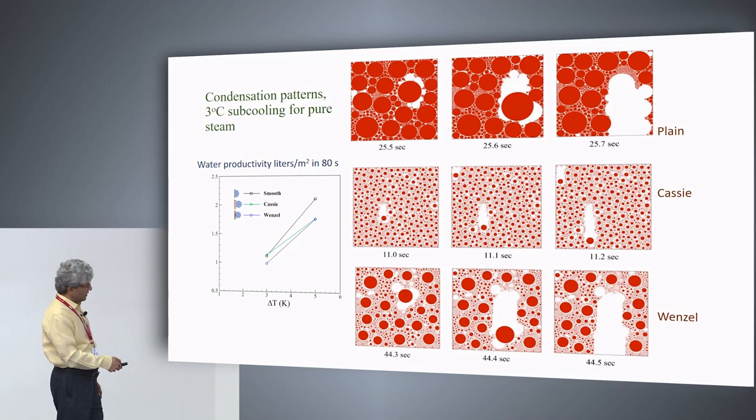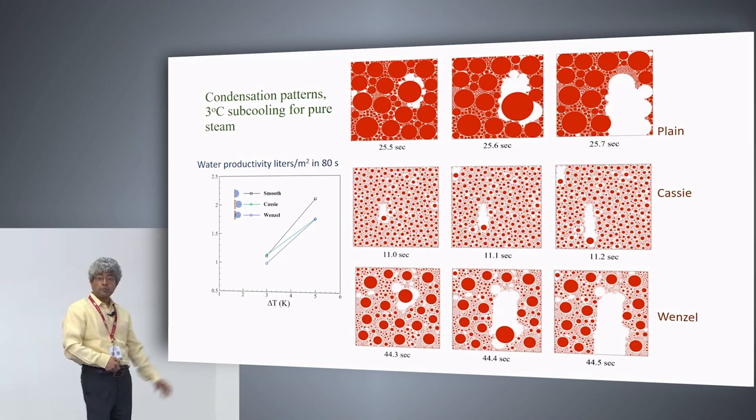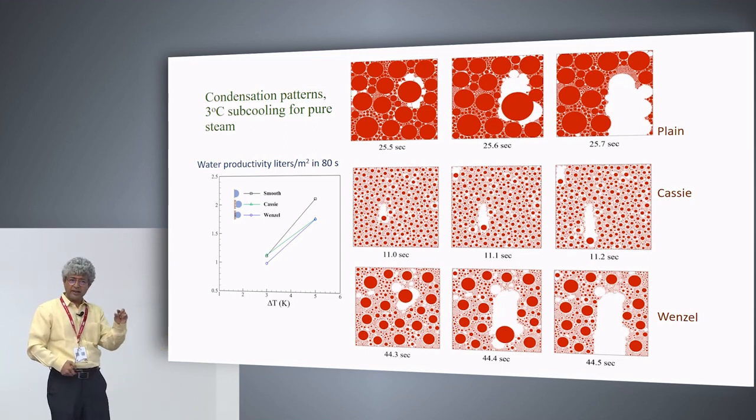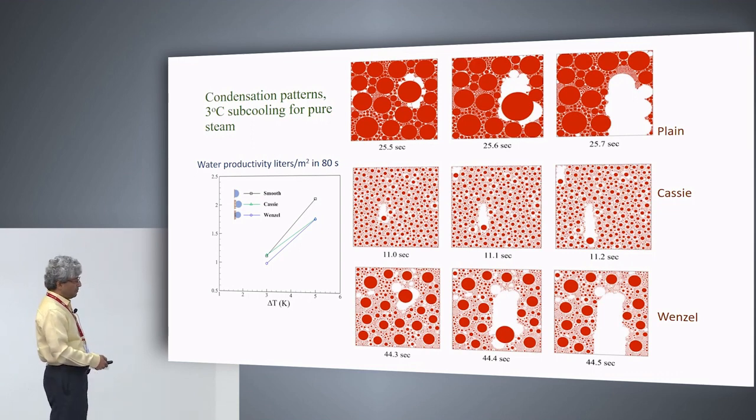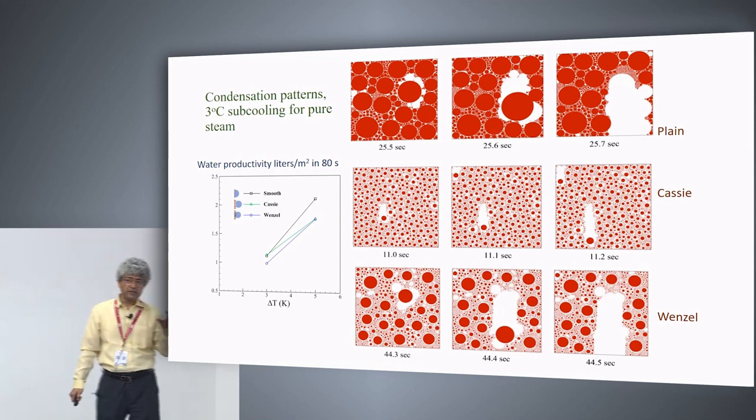You can see that in Cassie-Baxter, the drops are smaller, so thermal resistance is smaller. So we expect higher productivity, but because of air resistance, the heat fluxes actually can be expected to go down. While for Wenzel, it's somewhere in between. You can also see that the time scale for Cassie is the smallest, 11 compared to 25 for plane, and goes up where water gets trapped in the interpillar gap.